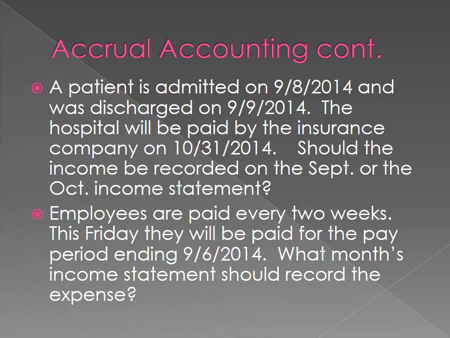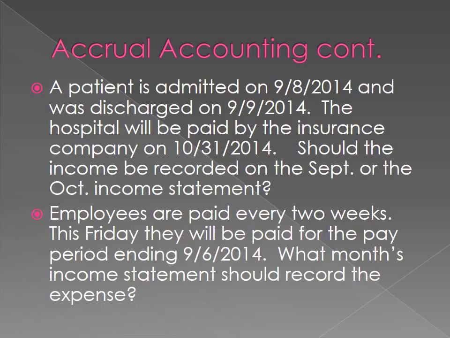Actually, in September, when they're recording August income statements, they have to take into account the accrued pay that was earned by the employees the last days of August, and they have to subtract out the amount from that payroll that was actually earned in September.